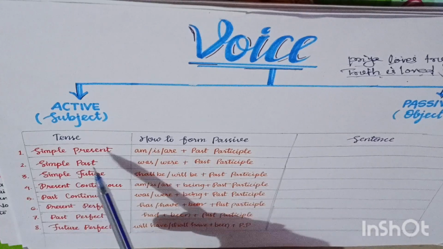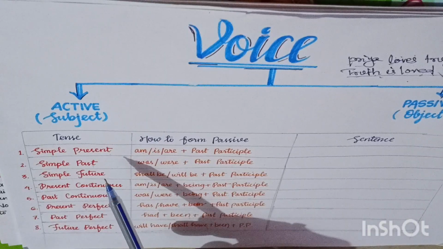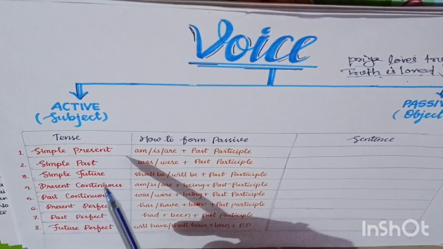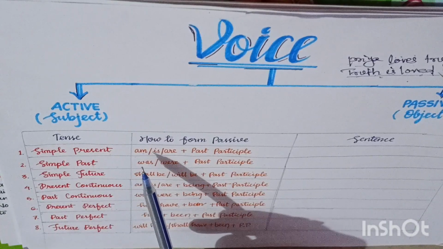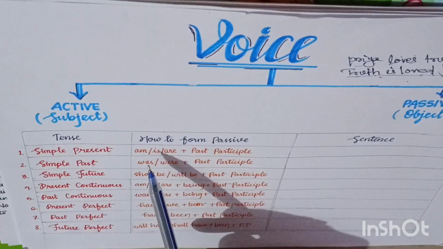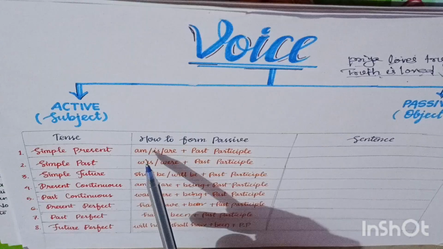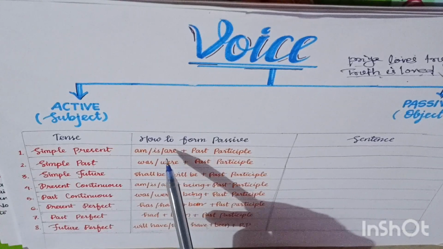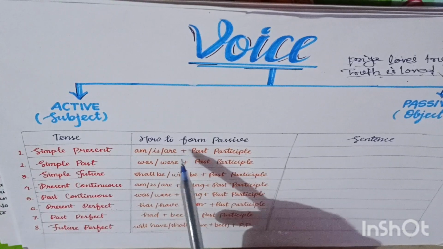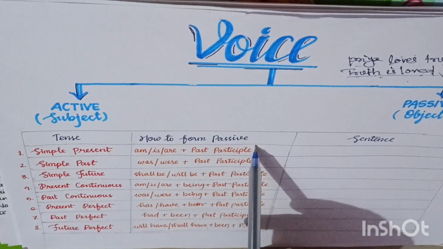The first rule is simple present. When the sentence is in simple form of any tense, we make those sentences into passive by using the auxiliary verbs of the continuous form. Auxiliary verbs of continuous form are am, is, are plus past participle.